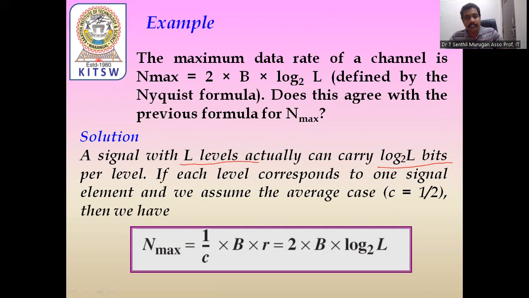So we identify how many levels and how many bits, and in that we can use this formula. N max equal to 1 by C into B, that is bandwidth, into R, that is the ratio of data elements to signal elements. So the rate may be calculated as per the levels, log 2 L.